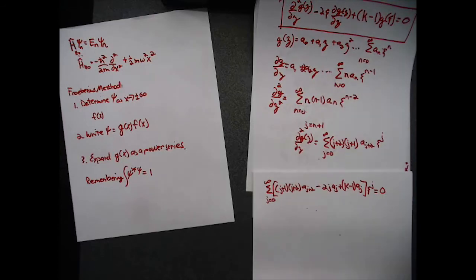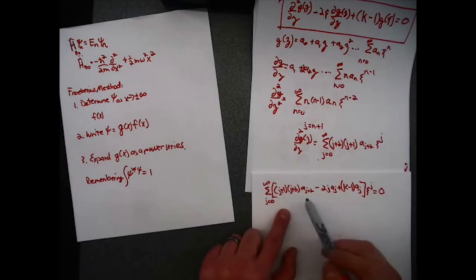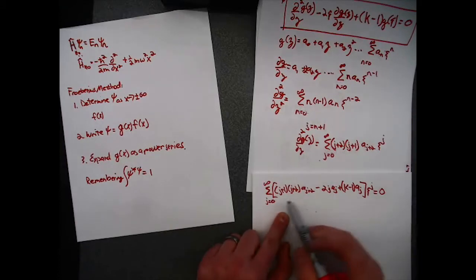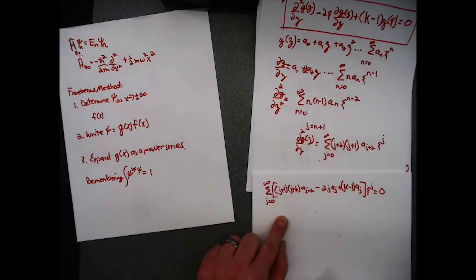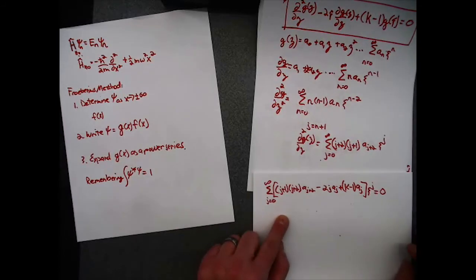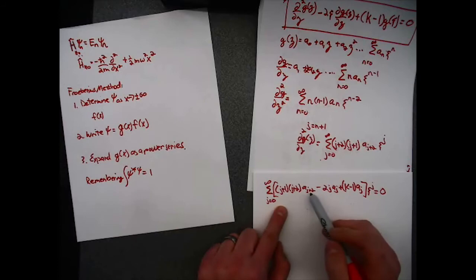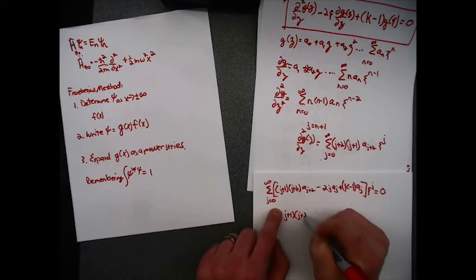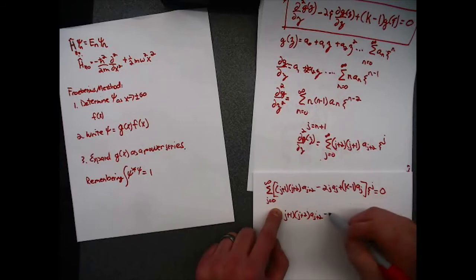The only way that this can be true is if these coefficients add up to be 0 for every value of c, because it has to be true over any value of c. So these coefficients must always add up to be 0. And so we can rewrite this as j plus 1, j plus 2, a sub j plus 2 minus 2j a sub j plus k minus 1 a sub j has to be equal to 0.